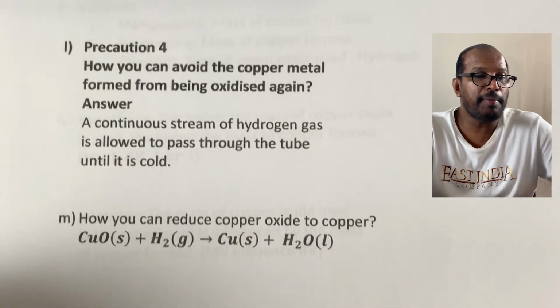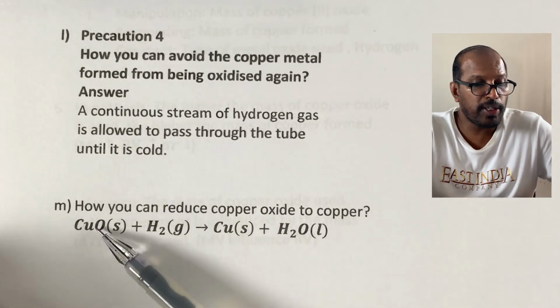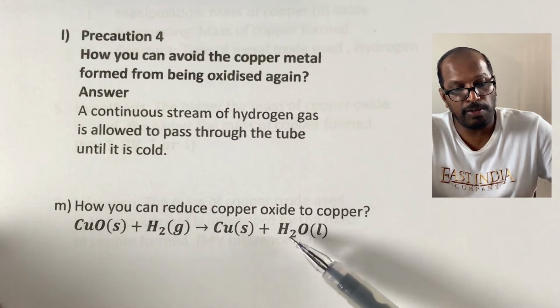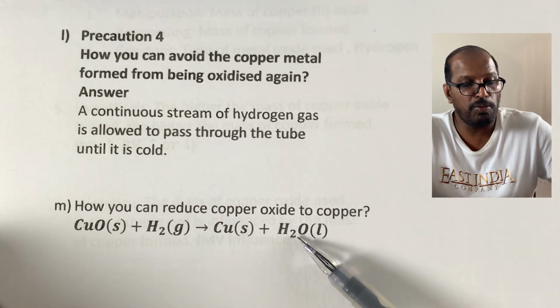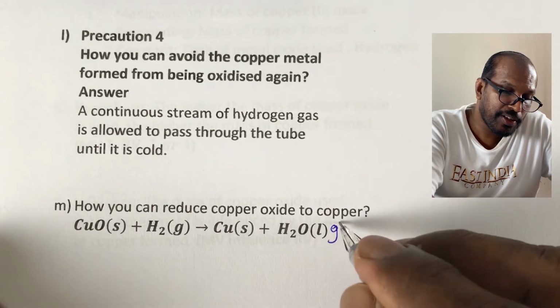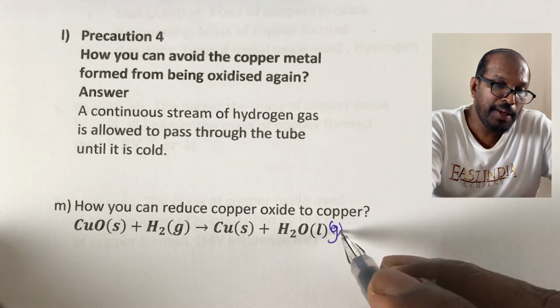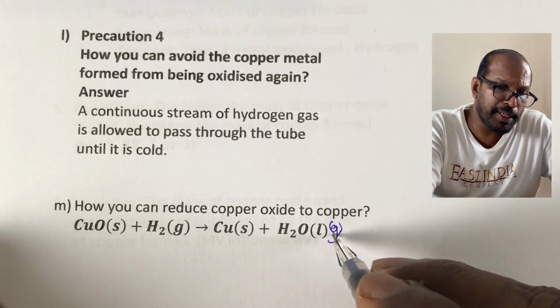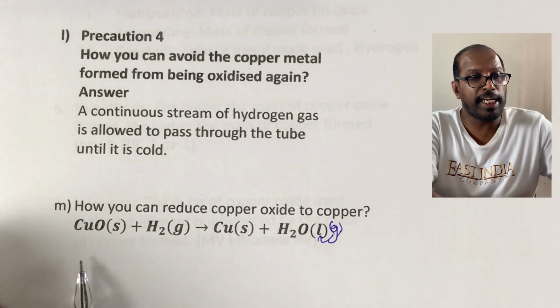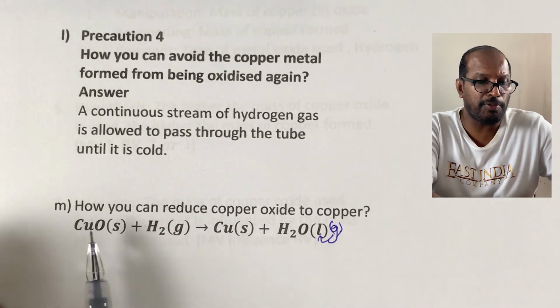Now, what is the chemical reaction? Copper oxide reacts with the hydrogen gas. It forms copper and water. Actually, at first it will be a gas. Water will be in the form of steam, and when it's condensed, it becomes a liquid. Okay, so this is the chemical reaction of the reduction of copper oxide.